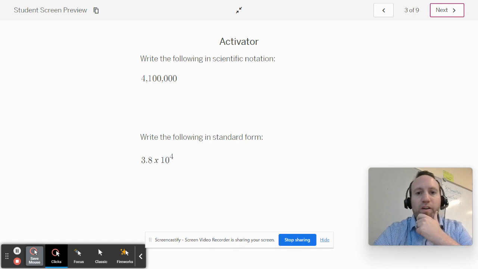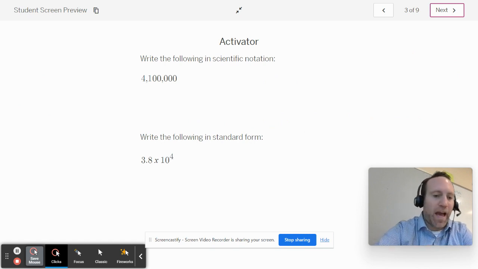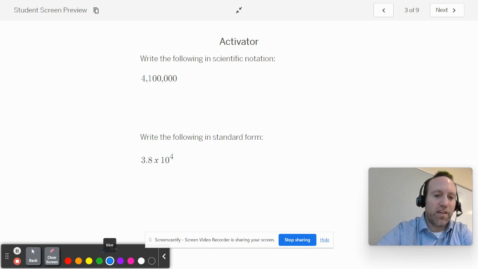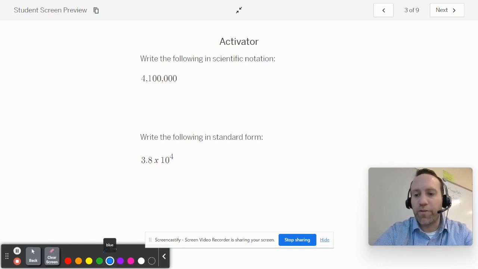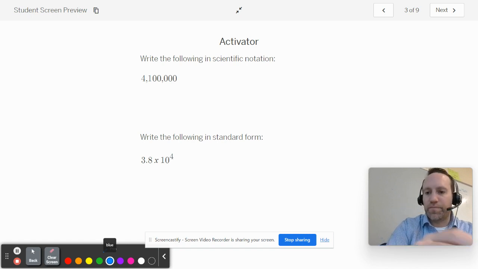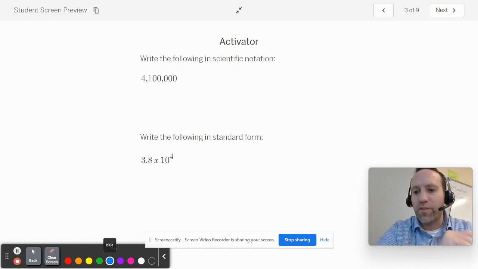All right. Let's write the following in scientific notation. Yes, we are returning back to scientific notation. If you recall from our first quiz and our first set of lessons, what you do here to write this in scientific notation is, don't count the zeros.